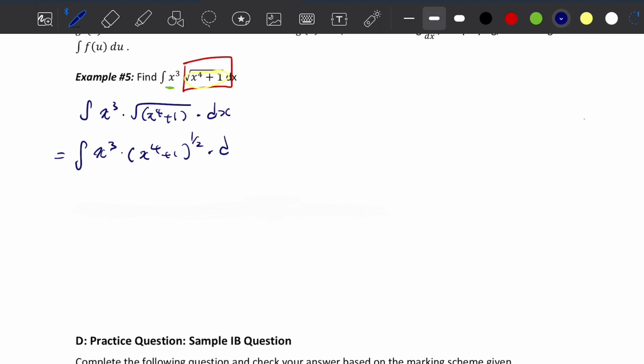And times dx. Now we set the inside function, x to the power 4 plus 1, as u. That means our equation becomes the integral of x cubed times u to the power 1 over 2 times dx.